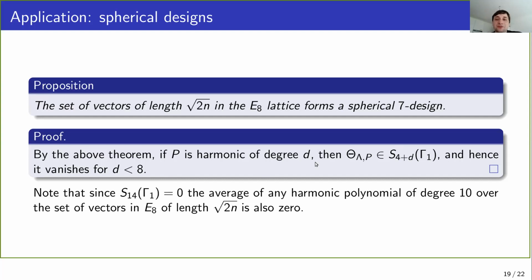Actually, there's something a bit funny, because if you look at the dimension formula, it also tells you that the space S14 of gamma 1 is trivial, and that would correspond to harmonic polynomials of degree 10.